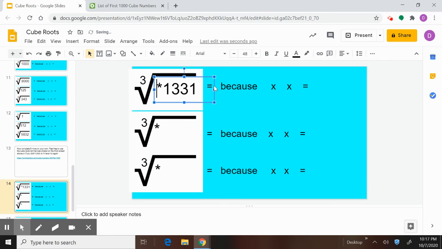That would be equal to 11, because 11 times 11 times 11 equals 1,331.